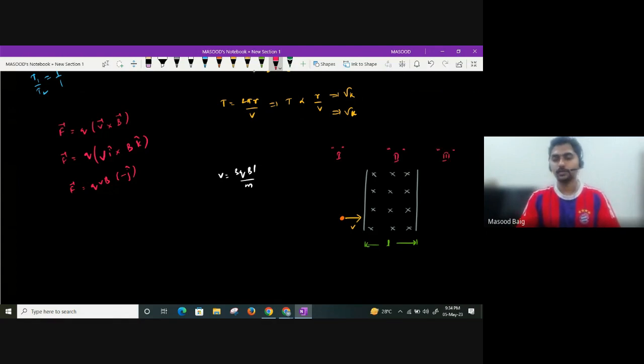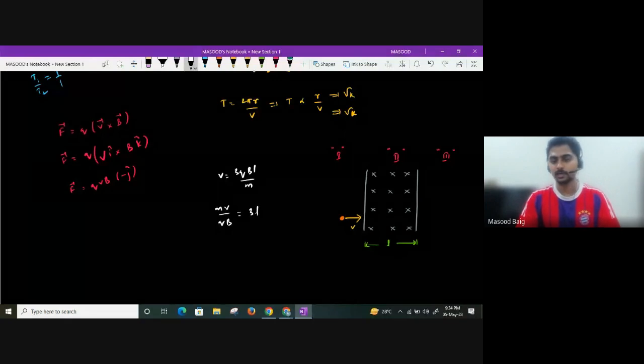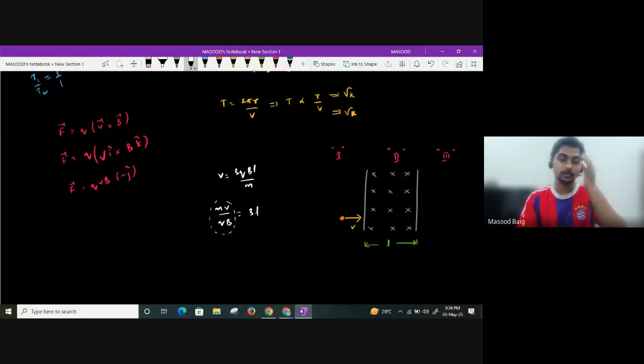So when will it complete a semicircle? If the width of the magnetic field is more than the radius. So here in this situation, what will I get? mv divided by qB, I'll get it as 3L. What is mv divided by qB? It is nothing but the radius. So radius is more than the width.